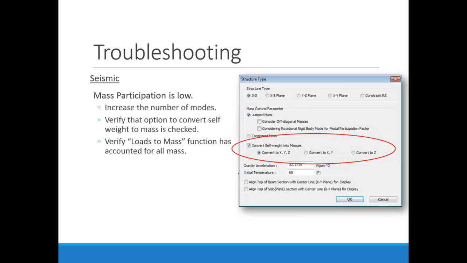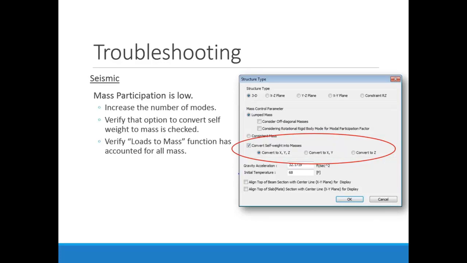Okay, issues that you might have with seismic analysis. You might have a case where your mass participation is very low. Simple fix would be to increase the number of modes that you're running, but you might have situations where no matter how many modes you run, you still have low mass participation. I've run into this problem.